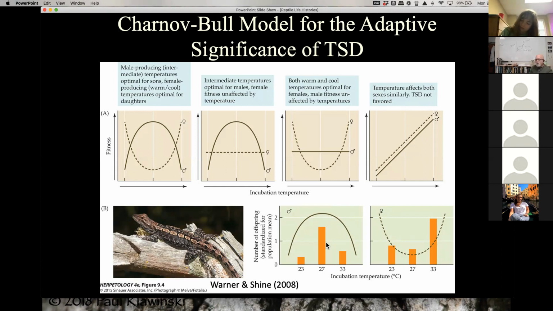And so they incubated the eggs at a constant temperature, manipulated sex using either hormone additions or enzyme inhibitors to produce males and females at temperatures that they would normally not be produced at.